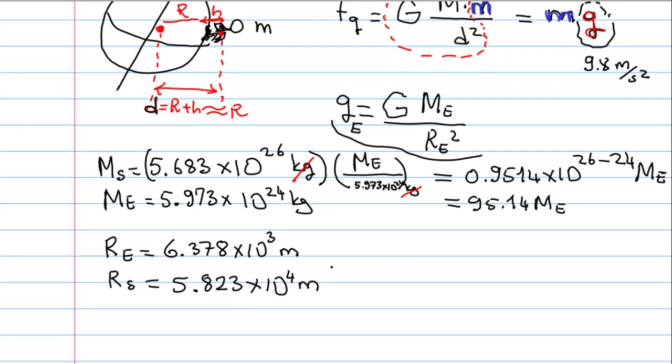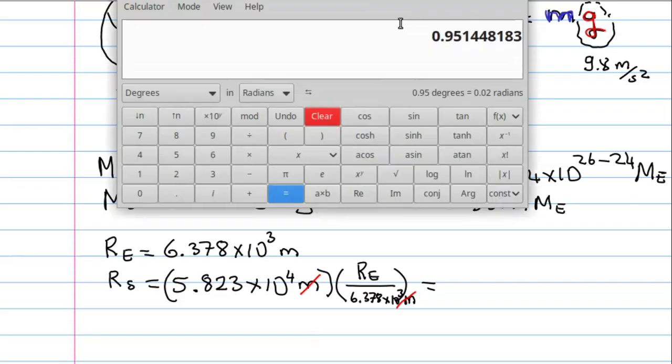Now I need to again do the conversion, multiplying by a ratio of 1 over 1. In this case it's going to be the radius of Earth over 6.378 times 10 to the 3 meters. Again meters will cancel each other, and then I will find the radius of Saturn in terms of the radius of Earth.